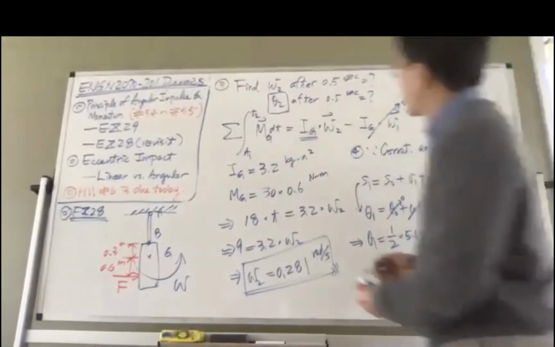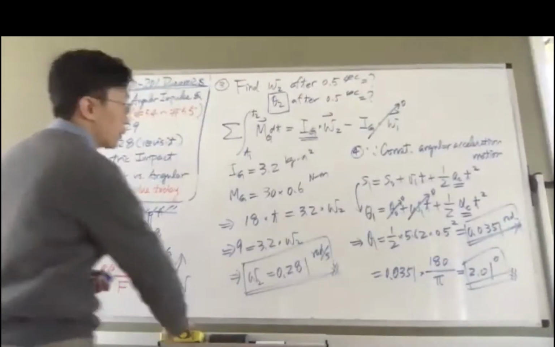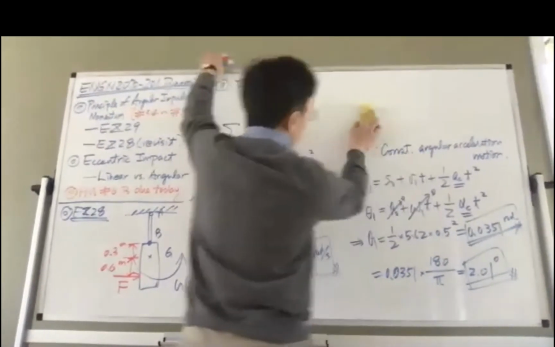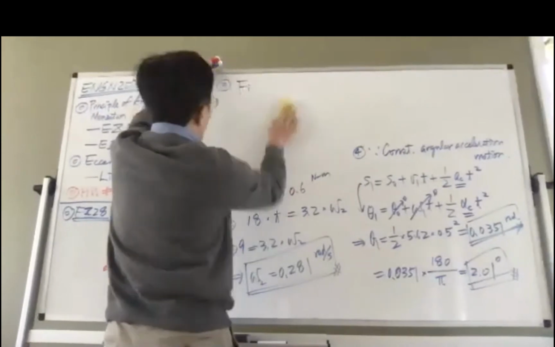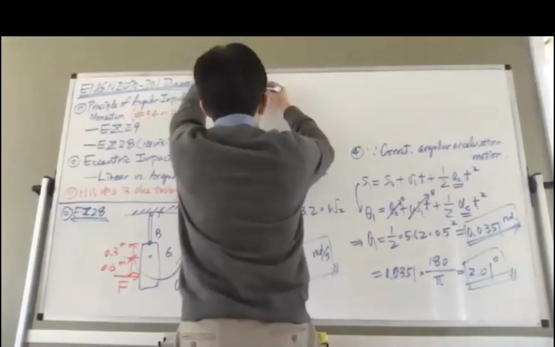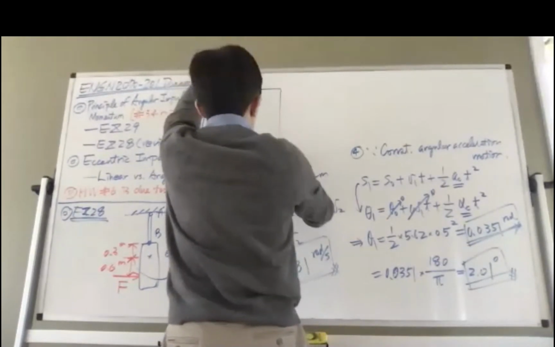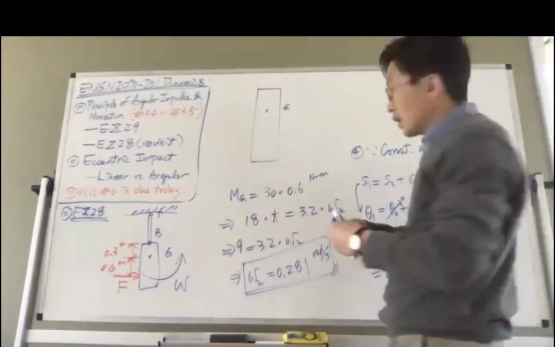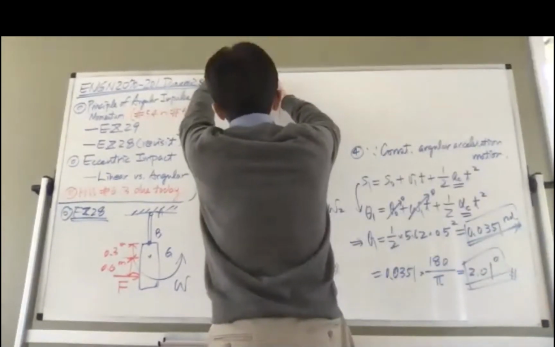That means after 0.5 seconds, this bag is going to move 0.0351 radians, or equivalently 2.01 degrees. So that's what it means. Right here, this is G before the motion, and after the motion it is going to spin something like this.